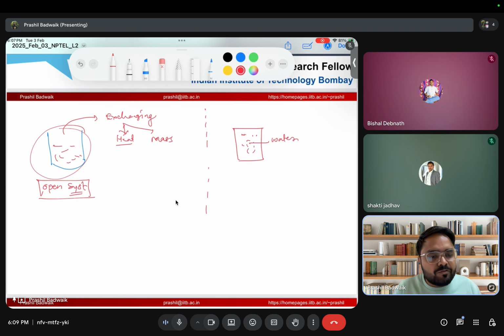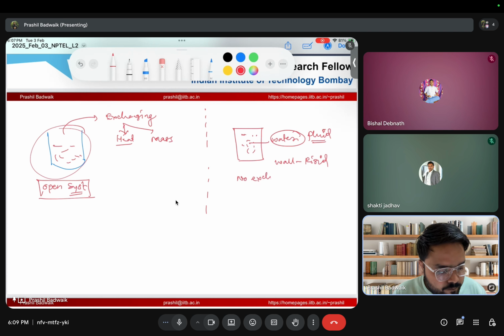In real life also we see, for example, it could be water, it could be any fluid, right? So in this system what is happening, there is no exchange of mass, right, because the walls are rigid, right? So no exchange of mass, and there might be exchange of energy depending on the wall.